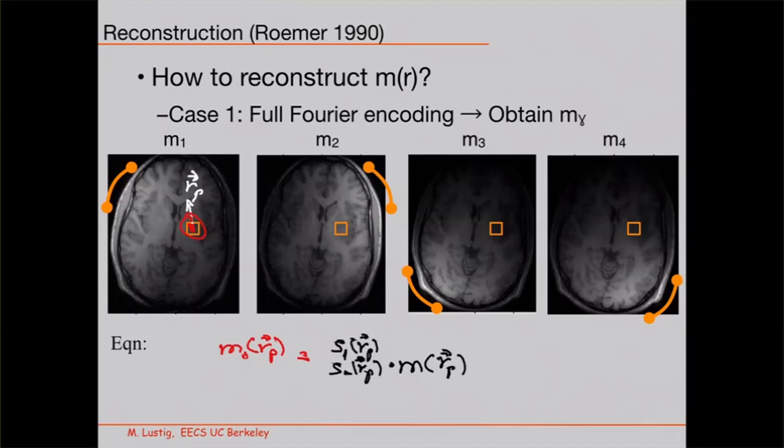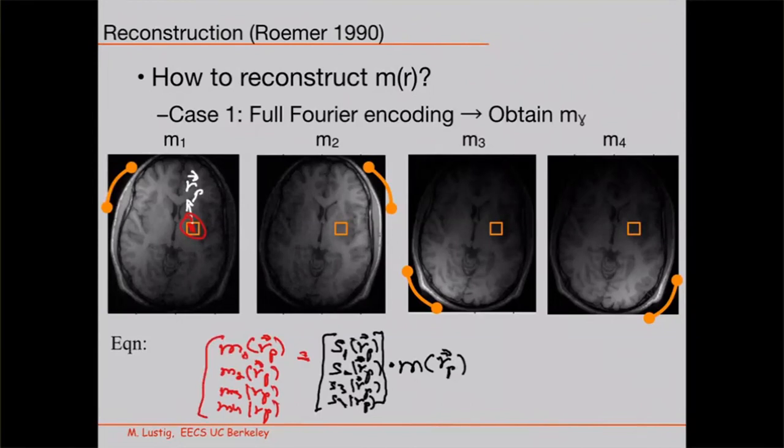And that gives me M2 of RP. Now you can see that I can build a vector out of that and put S3 and S4 of RP, and that gives me M3 and M4 of RP.